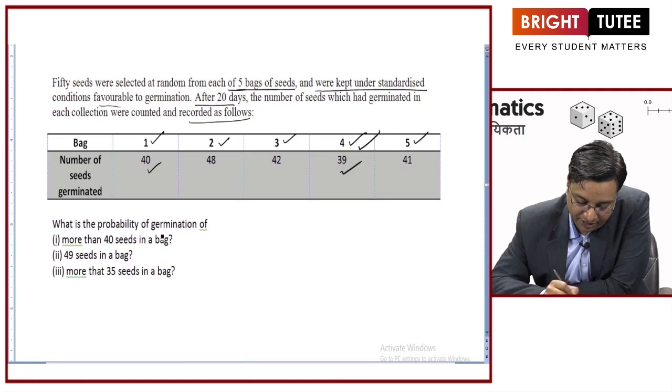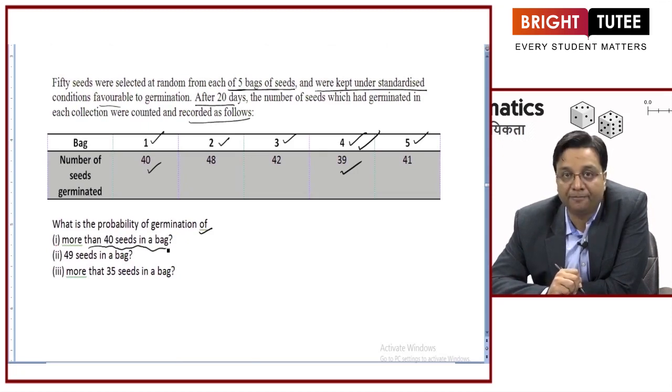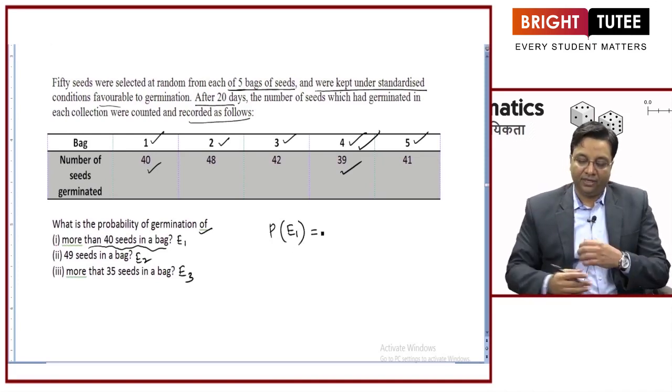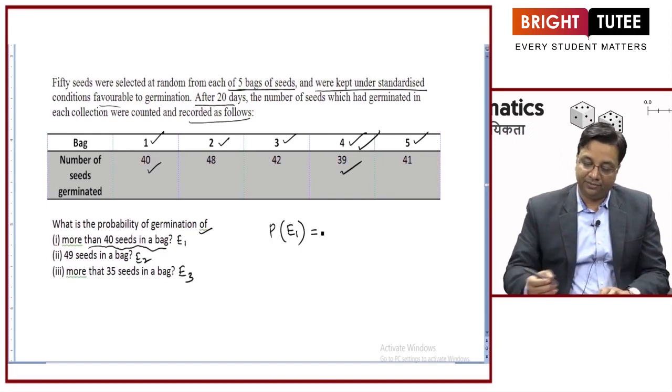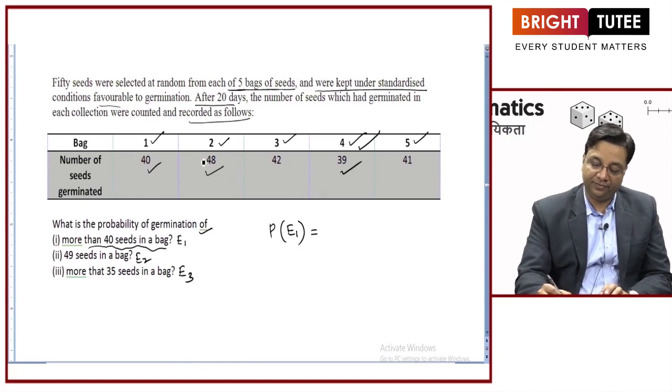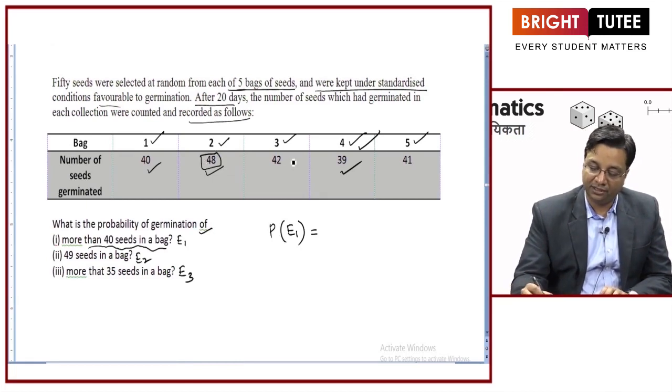What is the probability of germination of more than 40 seeds in a bag? So let us say this is event 1, this is event 2, this is event 3. So probability of event 1, that is more than 40 seeds being germinated in a bag. More than 40 means 48 will satisfy. So this is one of the bags.